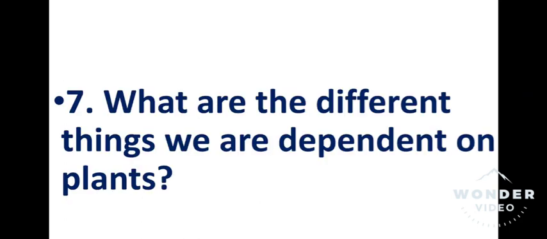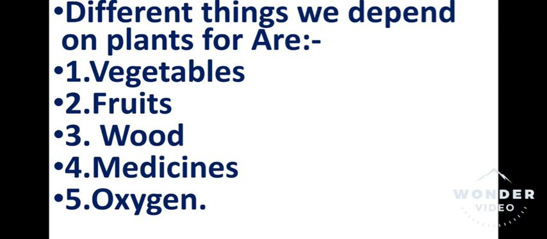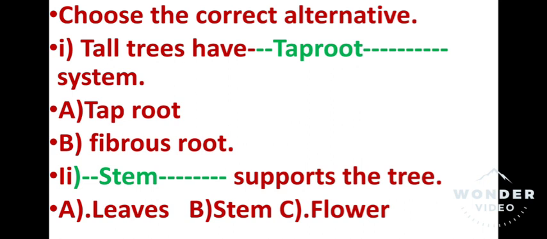What are the different things we are dependent on plants? Different things we depend on plants for are vegetables, fruits, wood, medicine, oxygen, etc. Write any 5.